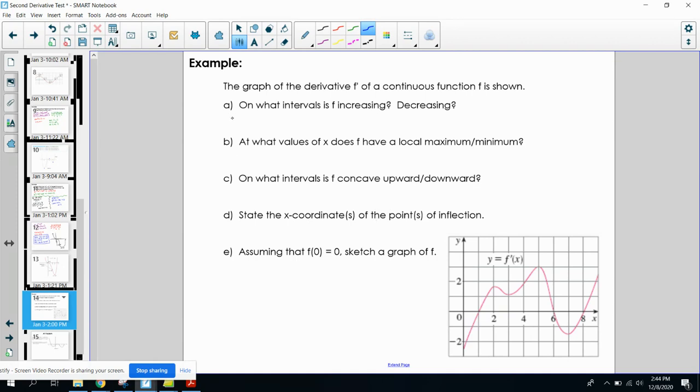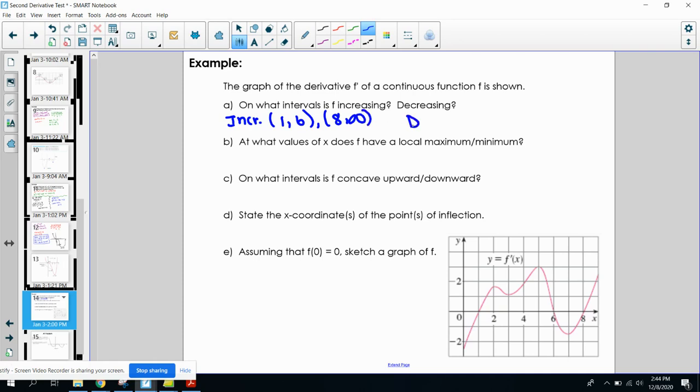So it's going to be increasing, I'll just write increasing, from 1 to 6, because that's above. And then it's also above the x-axis from 8 on, so from 8 to infinity.